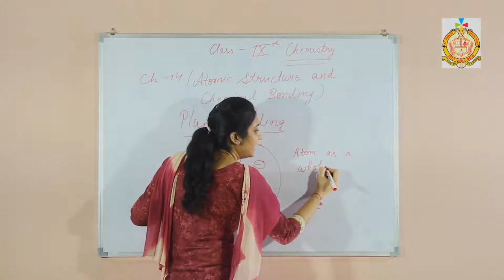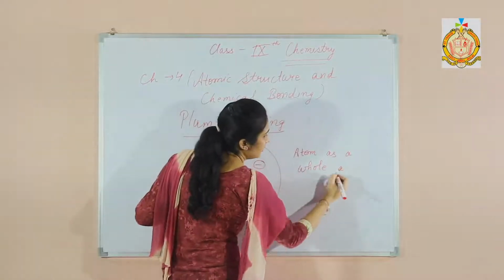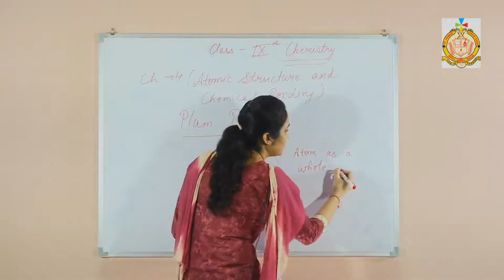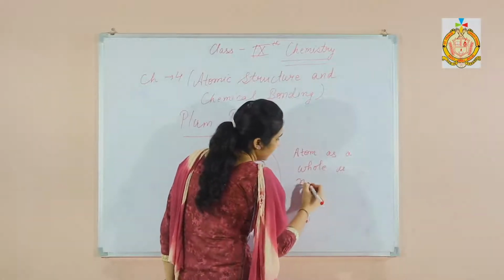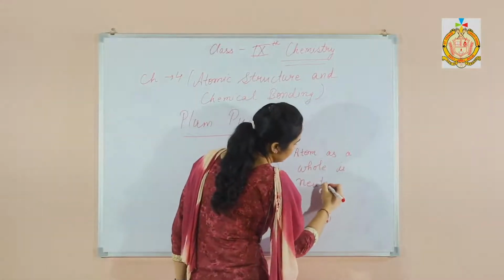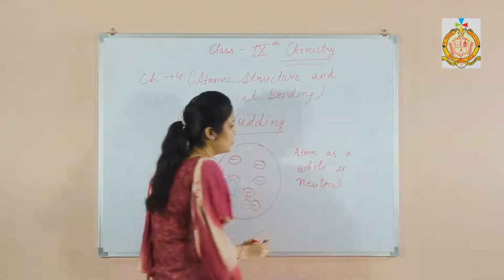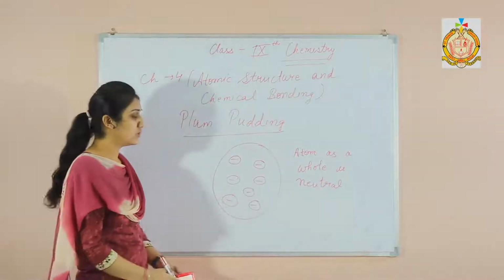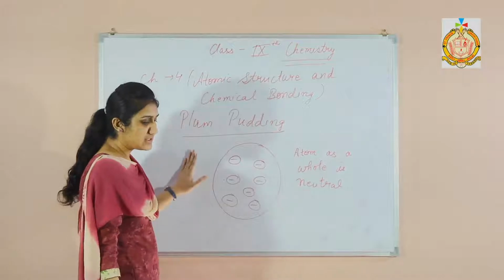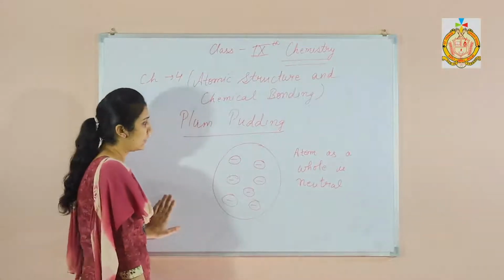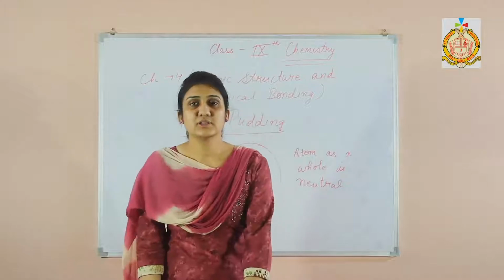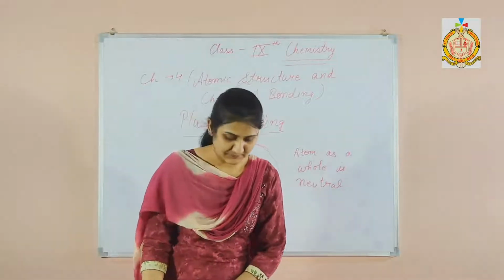This gives the idea that the atom has positive and negative charge, so they combine with each other, and the atom as a whole is neutral. So this is Thomson's plum pudding model of an atom. Next we shall discuss the discovery of the nucleus.